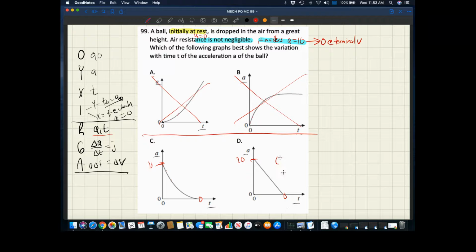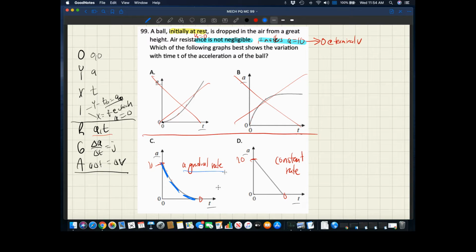So the question is, does the acceleration go to 0 at a constant rate or at a gradual rate? Now, if we look at the actual slopes here, the acceleration is changing a lot there, and then less, and then less.